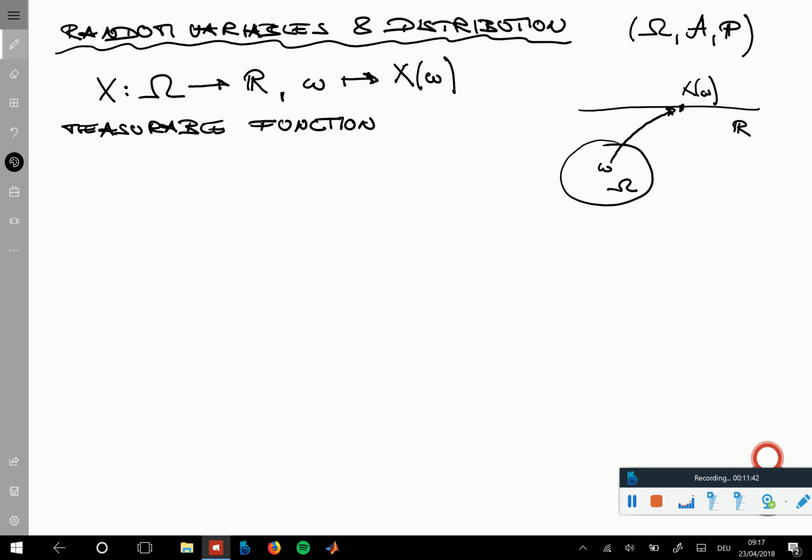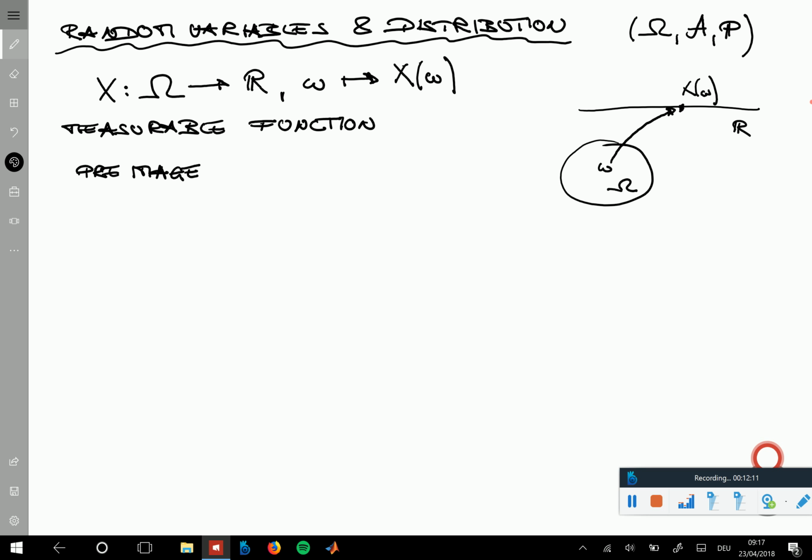To do that, we first have to talk about what is known as the preimage. Maybe you've seen that in the script previously, what a preimage is in terms of functions, but I'm not quite sure. It's relatively simple. The way it works is as follows.